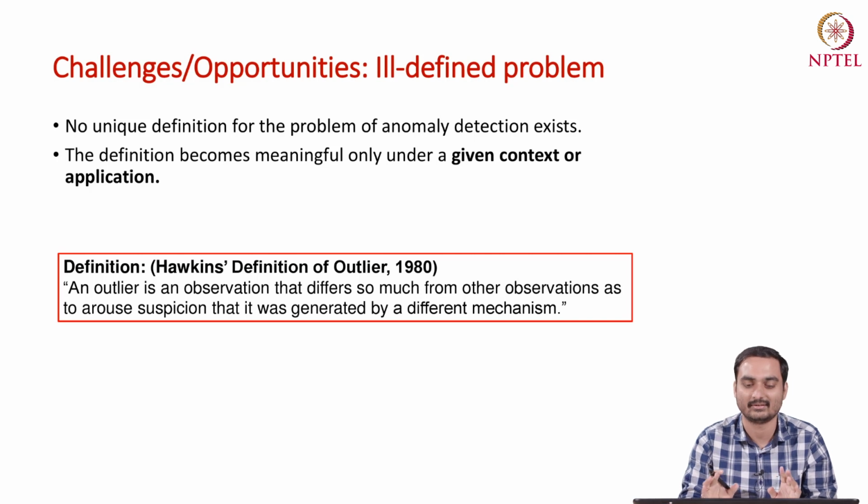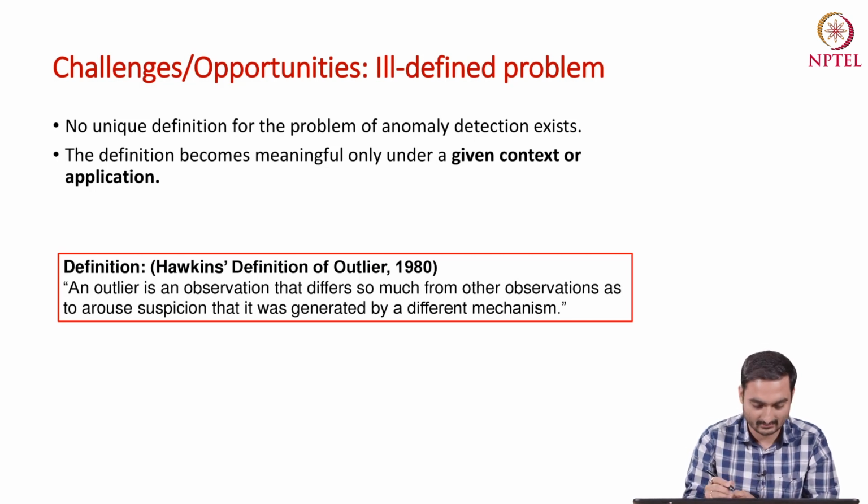There is no unique definition of what I mean by anomaly detection in the context of a particular application. So what we generally do is take an application and define a meaningful definition of an anomaly, and then design methods to identify that kind of anomalous behavior.